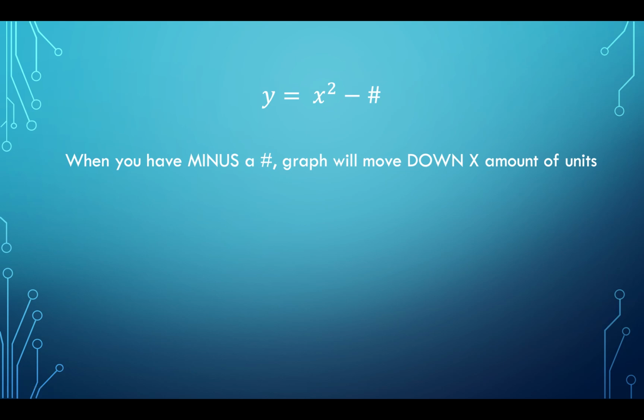Same thing, now we can have y is equal to x squared minus a number. When we have minus a number, the graph will move down that many units. Whatever is right after that minus sign, that's how many units down the graph is going to go. So plus after the x squared means it goes up, and a minus sign means the graph goes down.